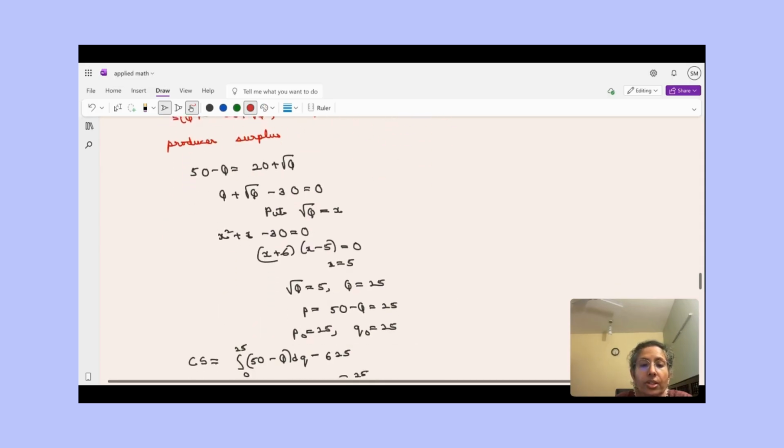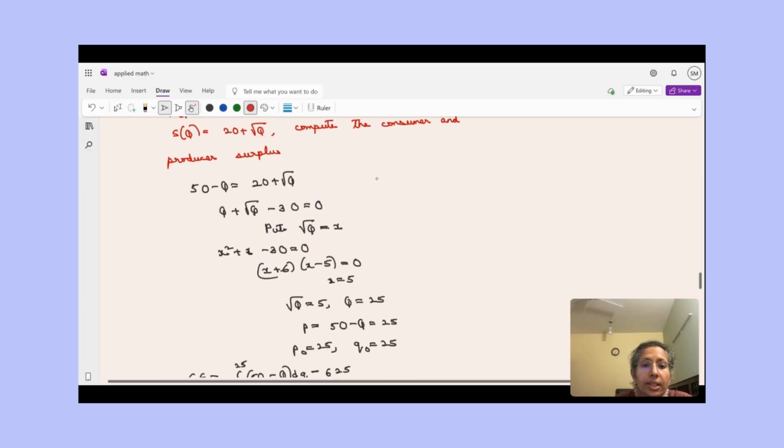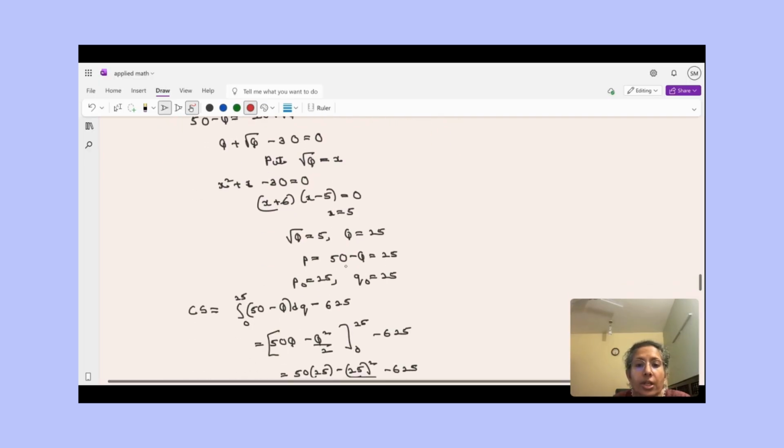You can factorize it, so you get (x plus 6) into (x minus 5) equal to 0. So x equals 5, because x cannot be negative, so root q is 5 and q will be 25. So P will be 50 minus q, and that will be again 25. So your equilibrium point is P naught is 25, Q naught is 25.